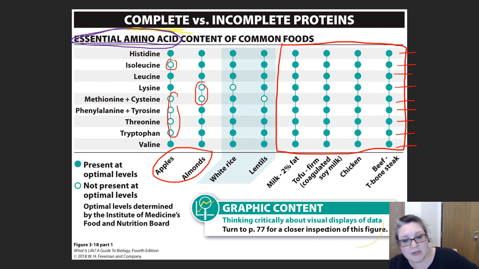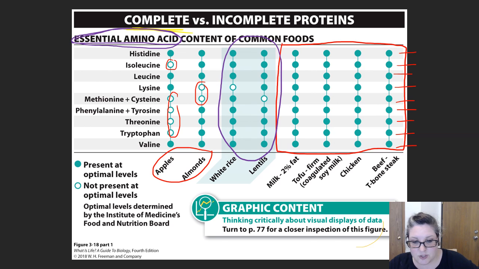But sometimes you can eat combinations of things and still get what you need. For example, rice with lentils. That's a very popular dish in India, having rice with lentils. And just because we have a deficiency here, we can still get it from the rice in this methionine and cysteine. If we have a lysine deficiency, we can get it from the lentils.